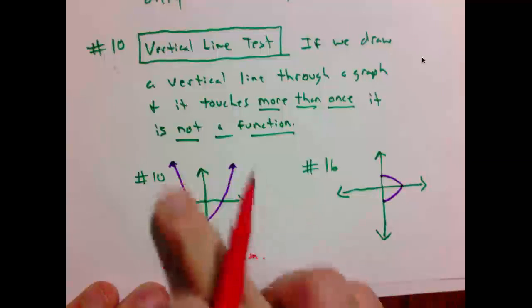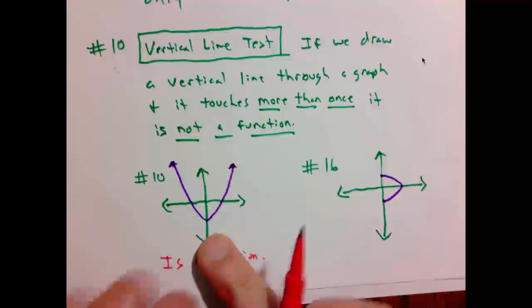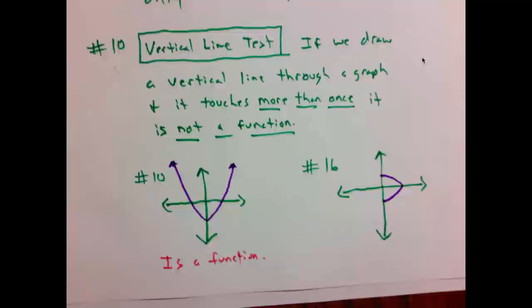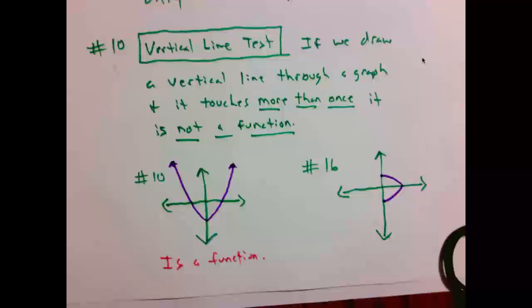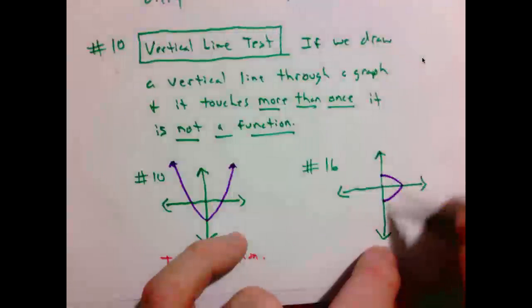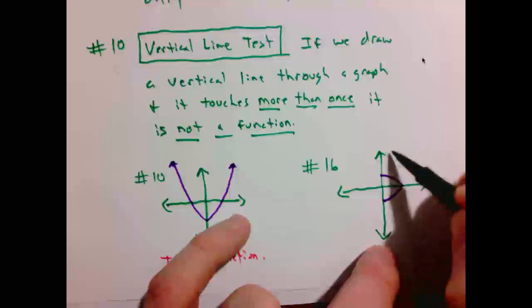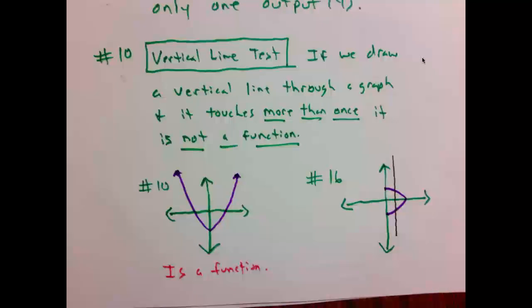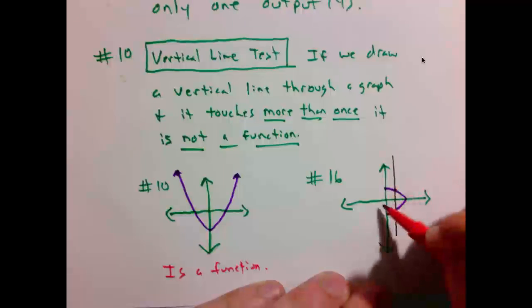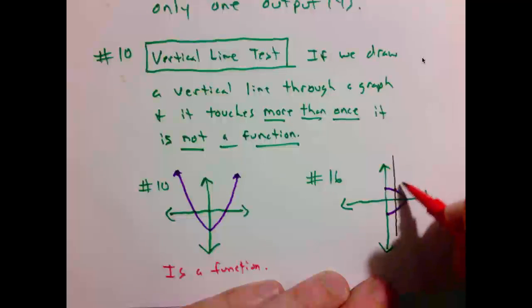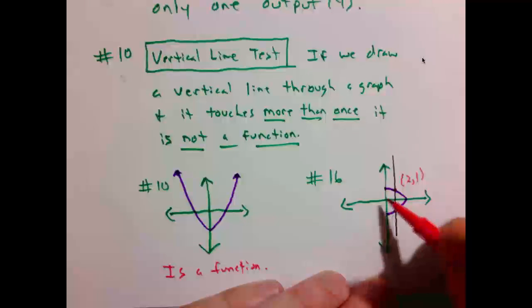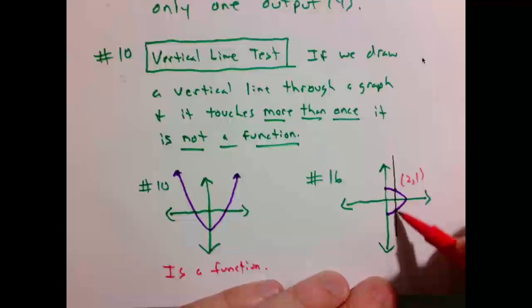Okay? Any place we draw a vertical line, it would only hit one time. But this relation here is not a function. If I drew a vertical line through the graph at any of these points, I would hit 2. For instance, right here, drawing a vertical line. We would strike this graph at this point, which might be, say, 2, 1, and we would strike the graph at this point, which might be 2, -1.